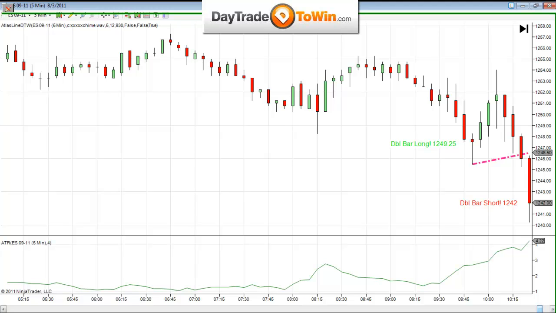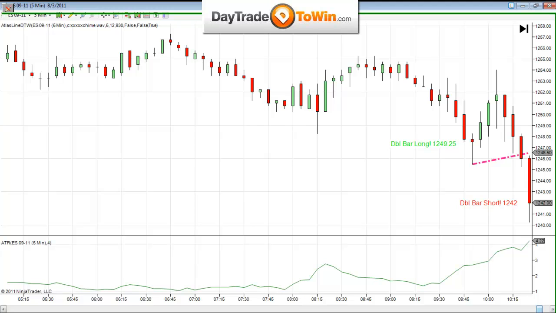Now I like to use a 5-minute chart when the market is a little bit more volatile. Maybe you can go a little bit smaller, maybe a 3-minute. We want to get as close to the Atlas line as possible as far as an entry. I think a 5-minute is a good middle point, not too long a time frame for day traders and not too short.